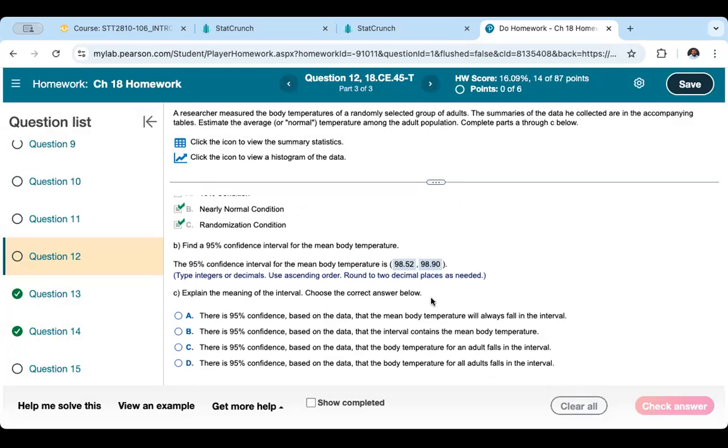Now, what is the explanation? Who would help us with C?